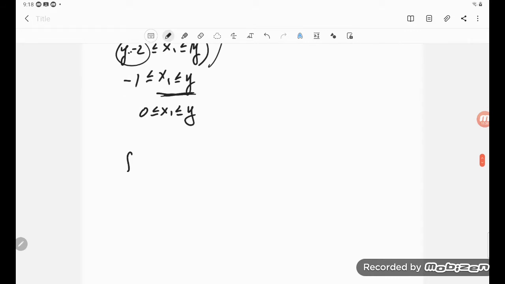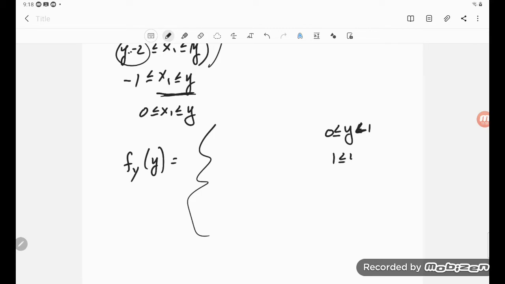So I have f sub y of y is equal to, well, I have my case for y between 0 and 1. We'll make that a strict inequality, and then 1 and 2, and then 2 and 3.